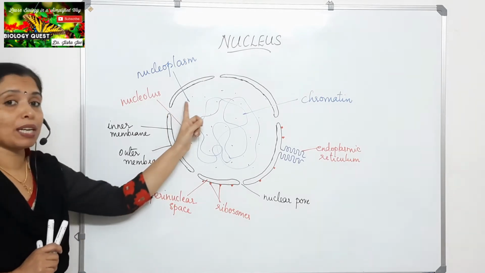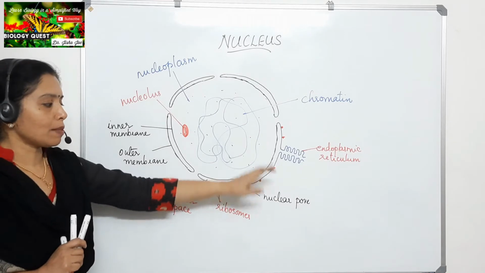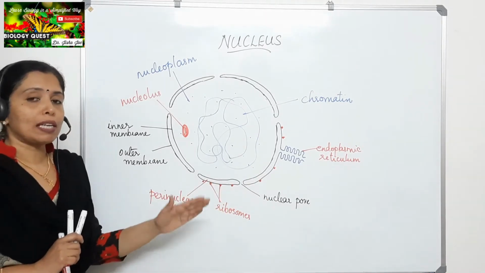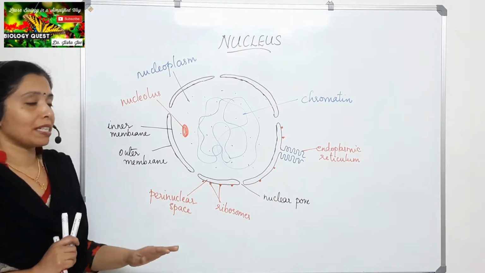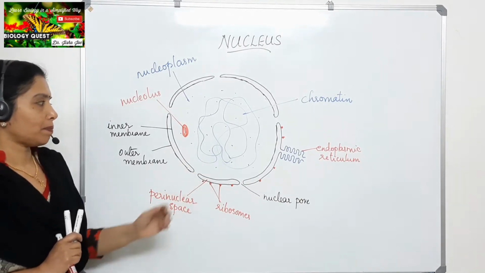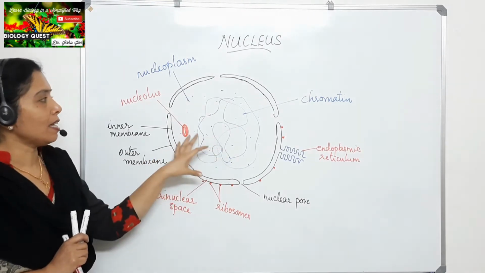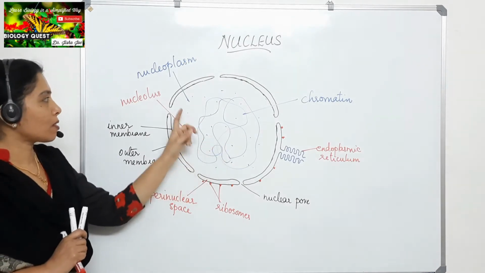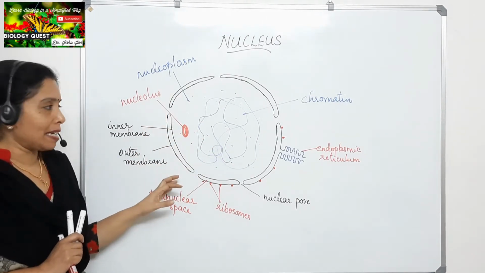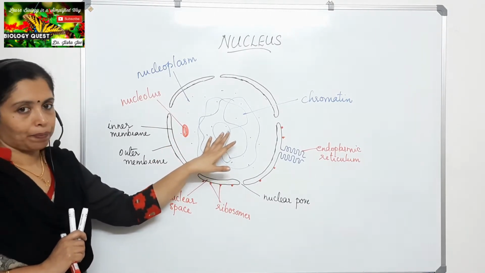The nuclear membrane is not continuous but has minute pores called nuclear pores, and their function is to exchange materials between the nucleus and the cytoplasm. Inside the nucleus, there is a fluid matrix called the nucleoplasm, and the nucleoplasm contains the nucleolus and the chromatin.